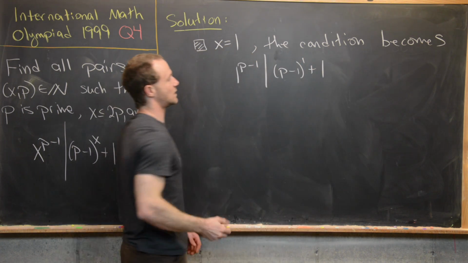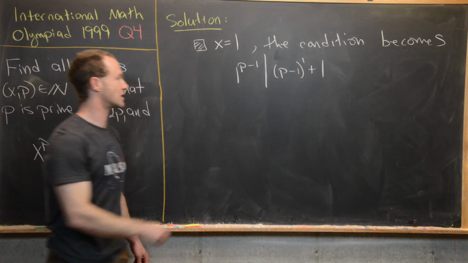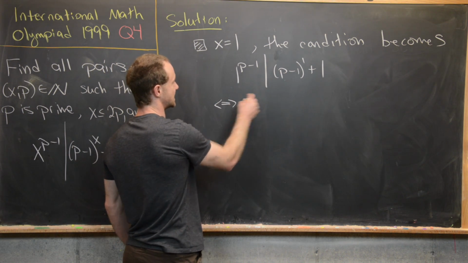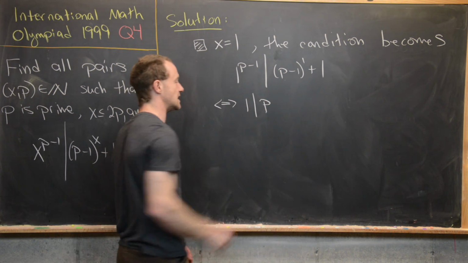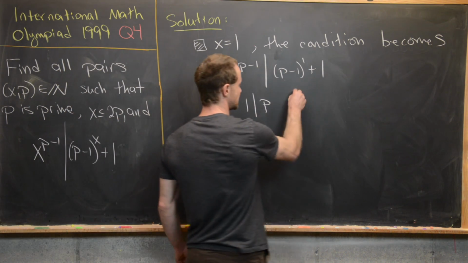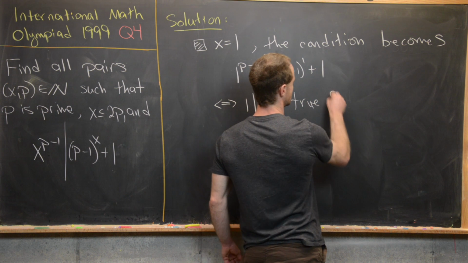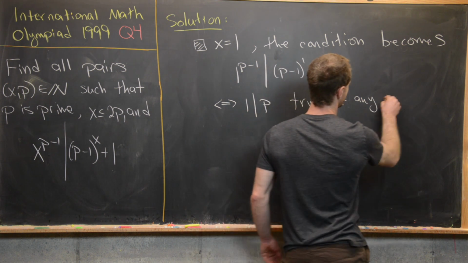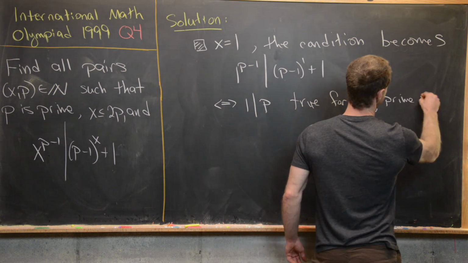But x is equal to 1, so that's p minus 1 to the first power, plus 1. This is the same thing as the condition that 1 divides p. But now this is obviously true for all primes. So let's go ahead and write that down: true for any prime p.